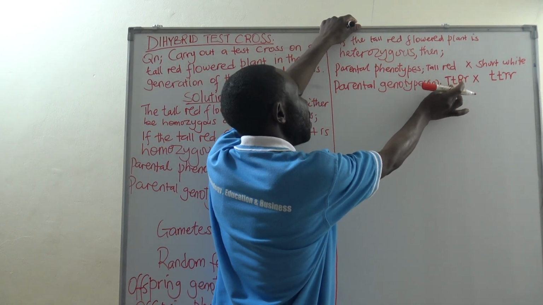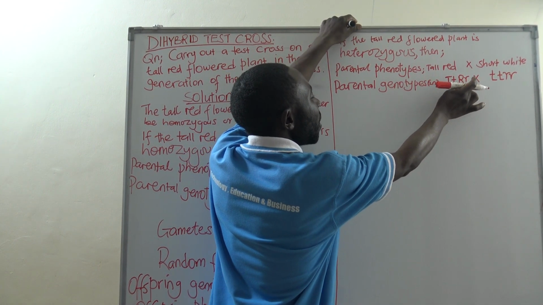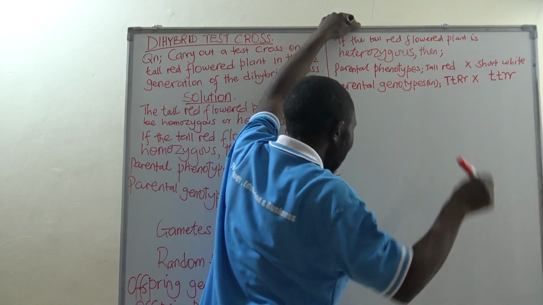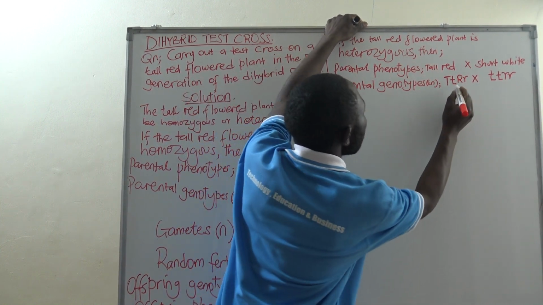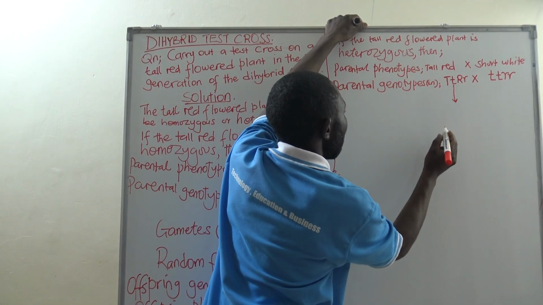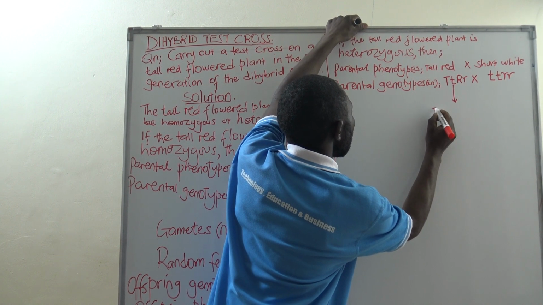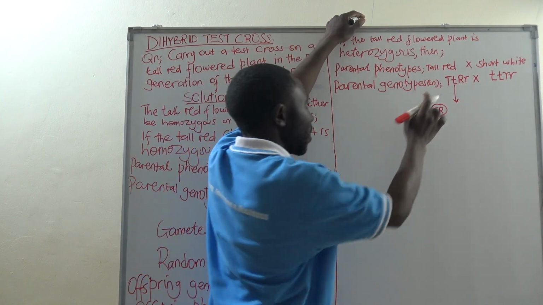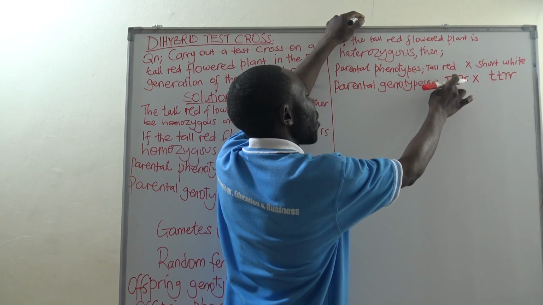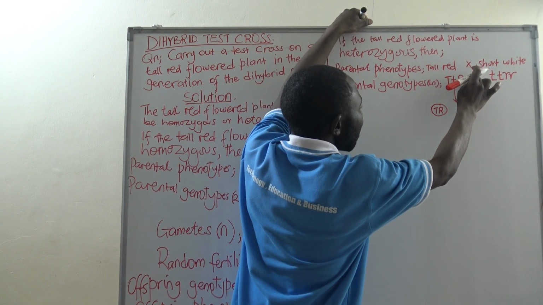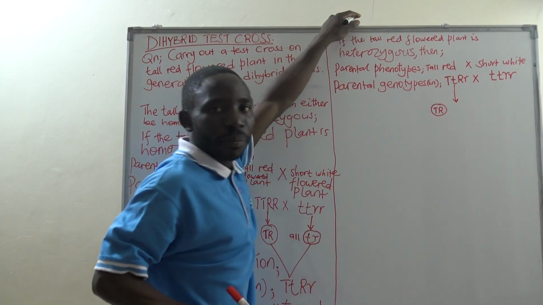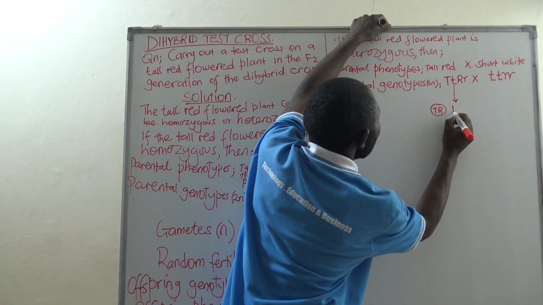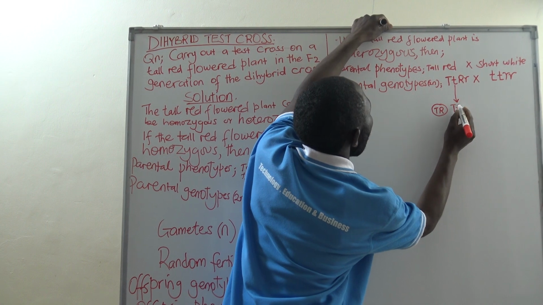The dominant T can combine with capital R within the same gamete to form capital T, capital R. Then the same dominant T can combine with the recessive allele small r to form capital T, small r.